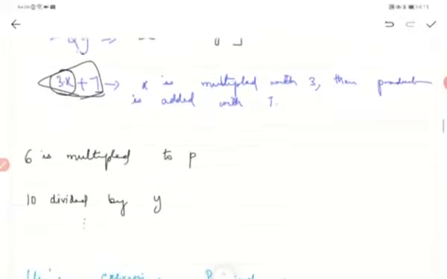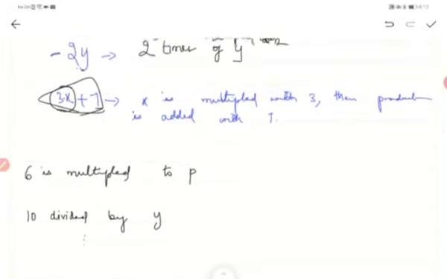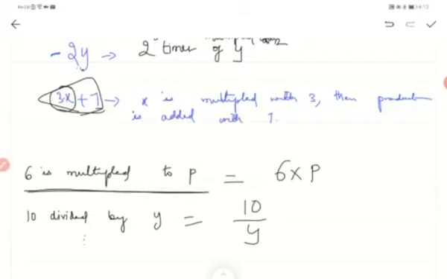All right, so if I say 6 is multiplied to p, that is 6 multiplied to p. 10 divided by y, 10 divided by y, isn't it? The statement is given, we are writing the expression.